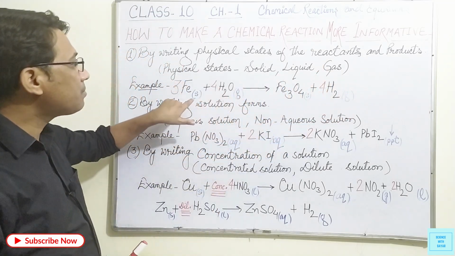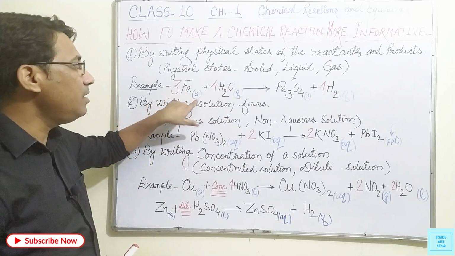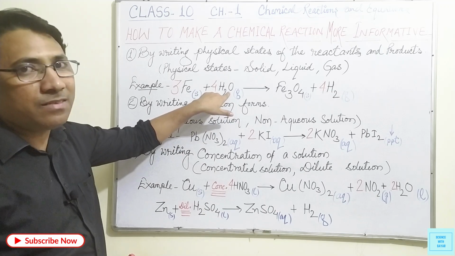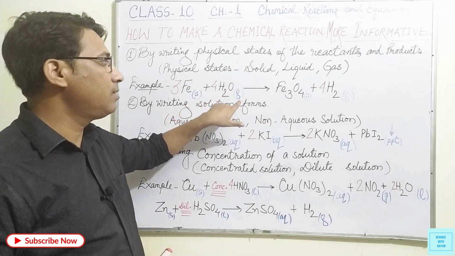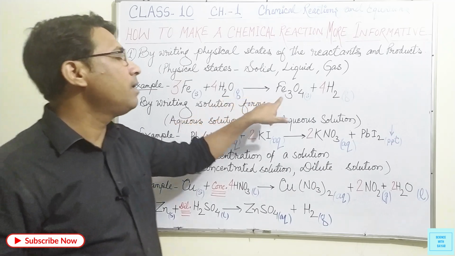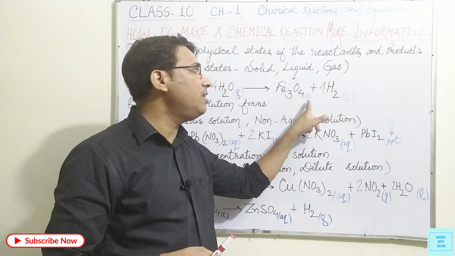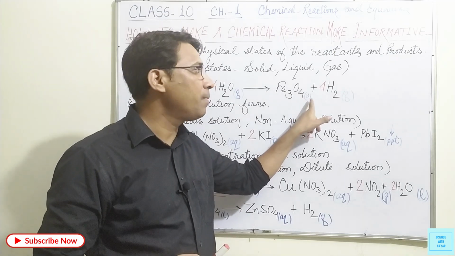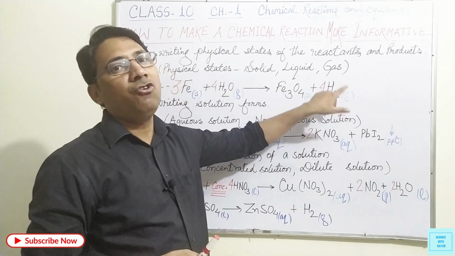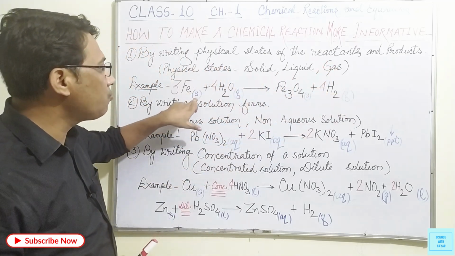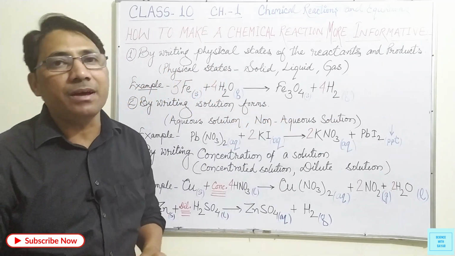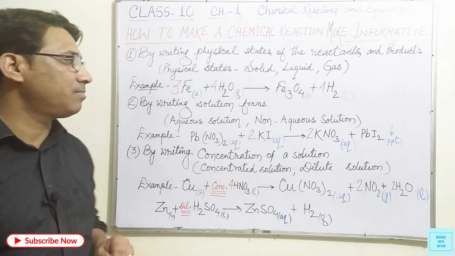Here the iron is in solid state, the water is as water vapor, steam, meaning it is in gaseous form, the ferrous oxide is in solid form, and the hydrogen is in gaseous form. So by writing the physical states as solid, gas, etc., we can make a chemical reaction more informative.